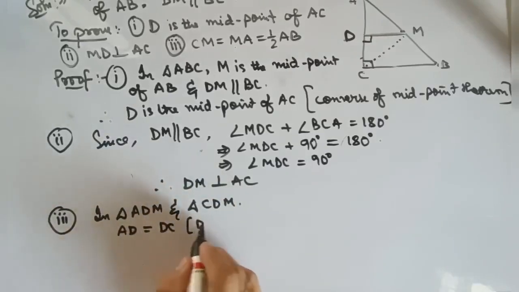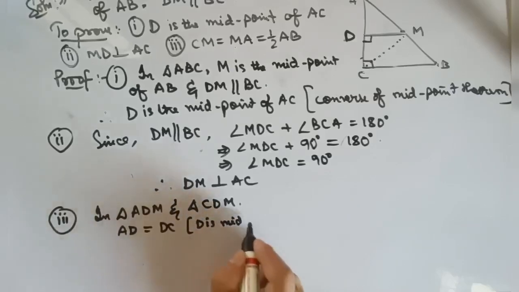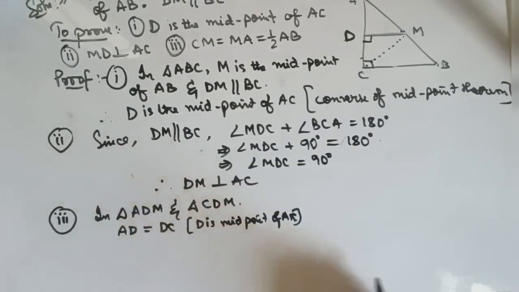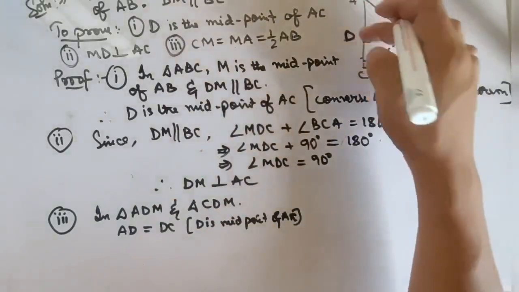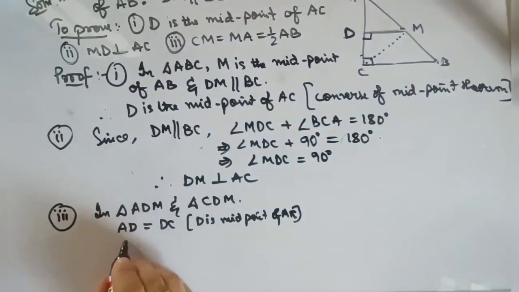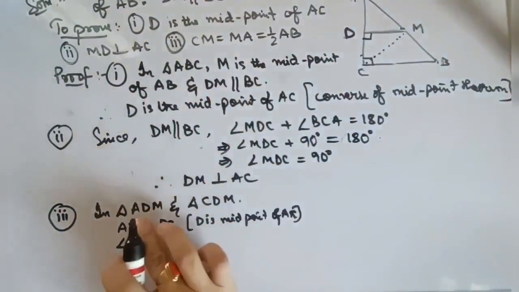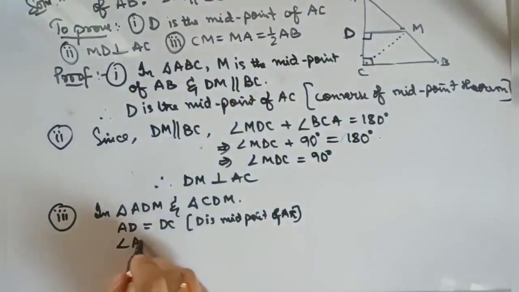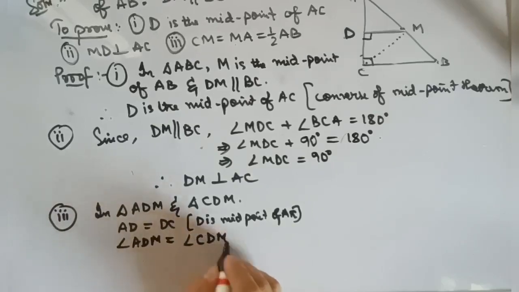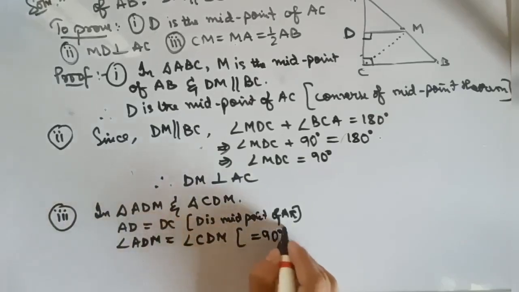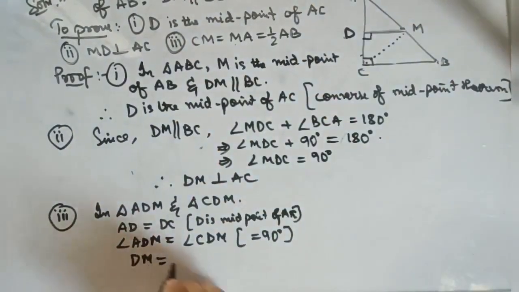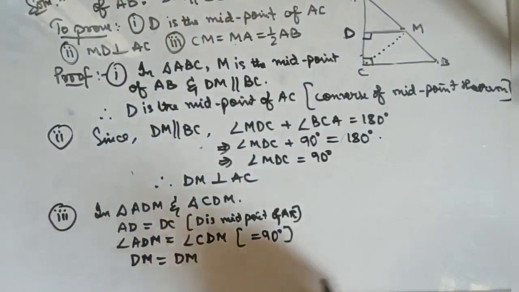Because D is the midpoint of AC. And then angle ADM is equal to angle CDM, both being 90 degrees. And also side DM is equal to DM, that is common to both the triangles.